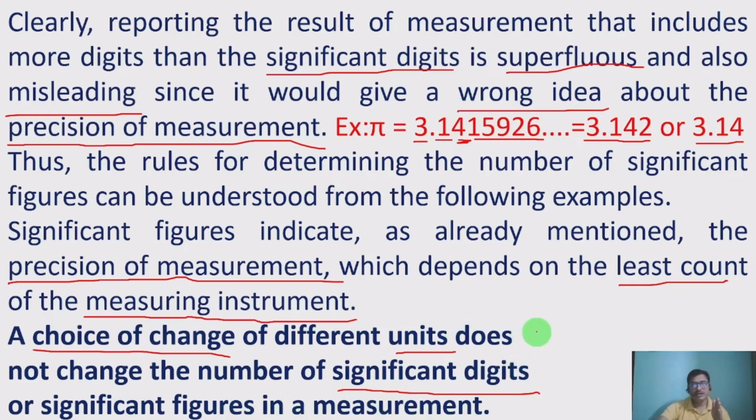If you take any value with different units, for example, a length in meter, centimeter, millimeter, or kilometer, and mass in milligram, gram, or kg, the choice of unit does not change the significant figures in the measurement. That is the common method of considering significant figures.